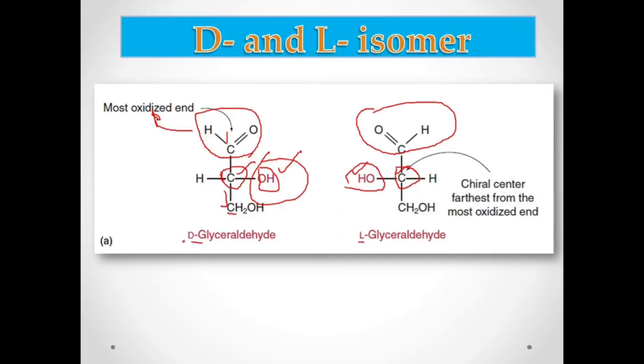But the D and L is actually not about the right and the left, okay? The D and L were actually coined because of the optical activity of these stereoisomers. The name is derived from dextrorotatory, which is D, and L is levorotatory.